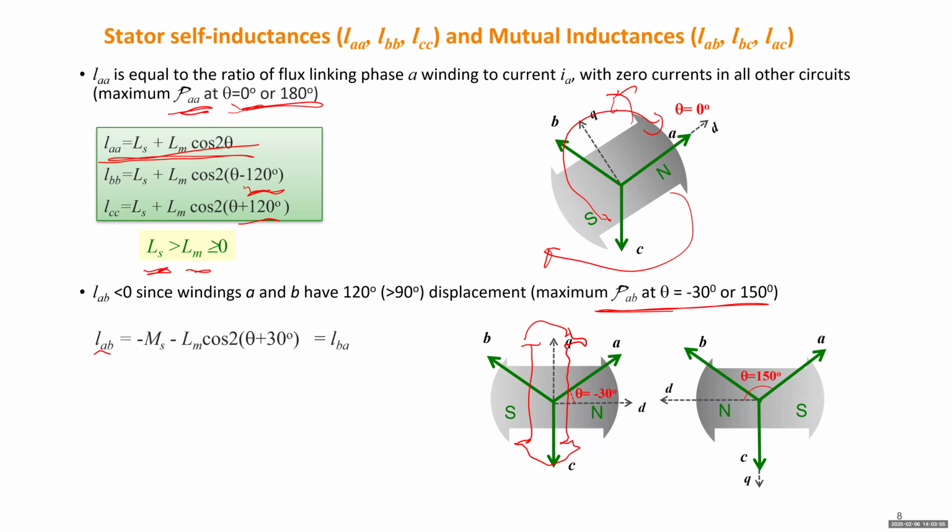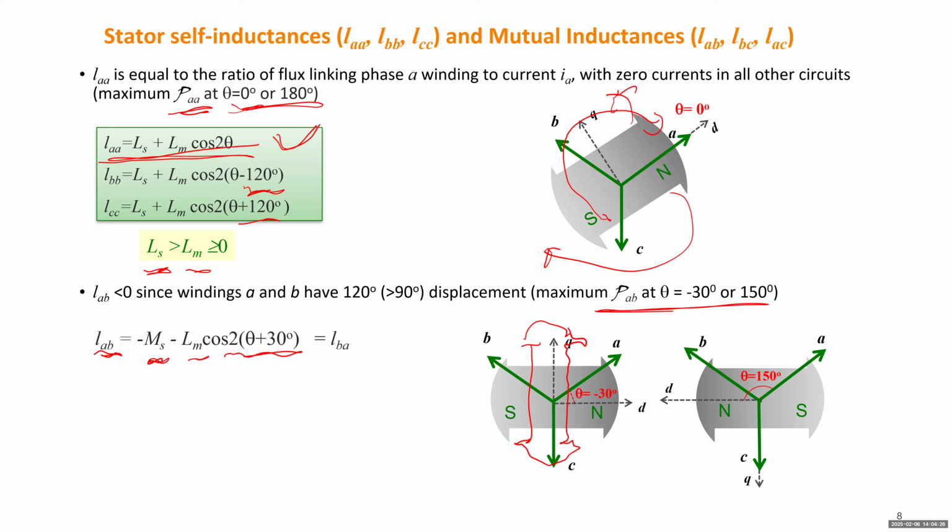So now we know the mutual inductance LAB will be pretty similar to the equation above, but with a negative constant and a negative coefficient multiplied by cosine 2 theta plus 30 degrees, which indicates the initial phase is negative 30 degrees. So when theta equals negative 30 degrees, this periodic term will reach the maximum value.